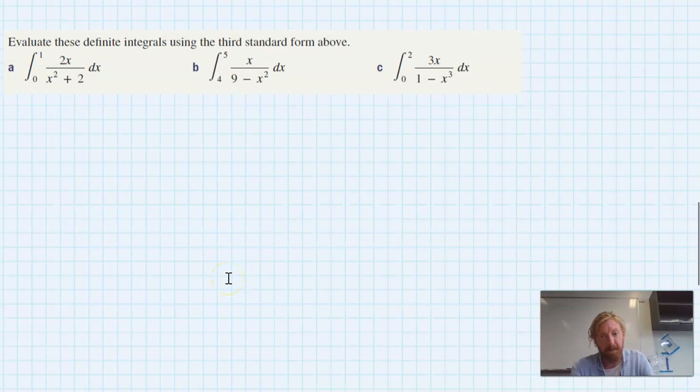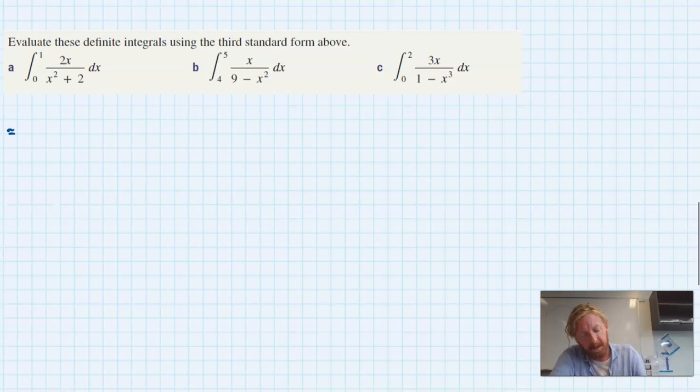Now this is more in the functions; the previous example was linear. I just want to get away from linear ones. So here the derivative of the bottom is 2x, and I've got 2x on top. I'm done. This is really nice. Otherwise I wouldn't have had any idea how to integrate that.